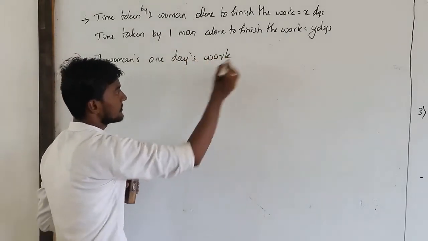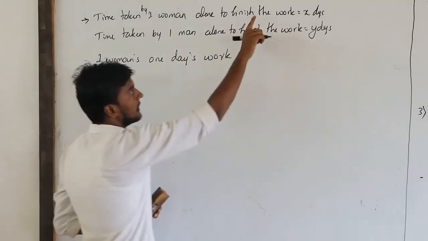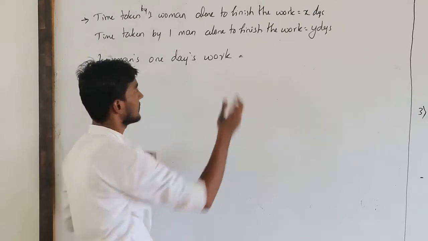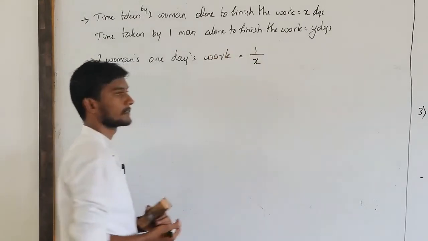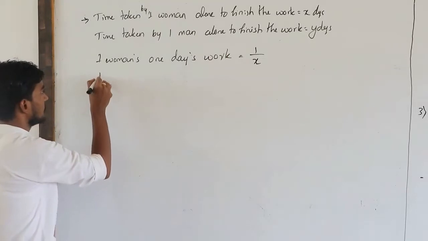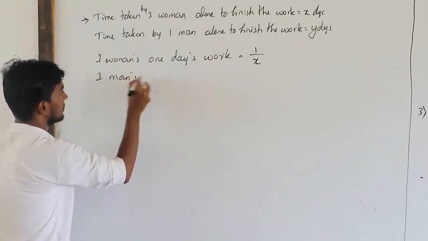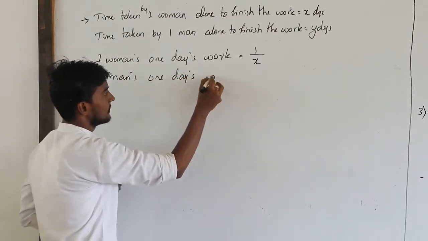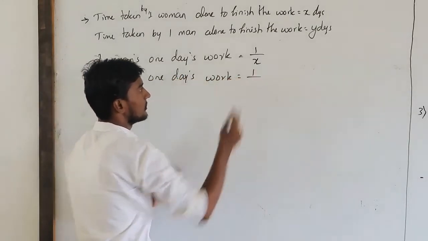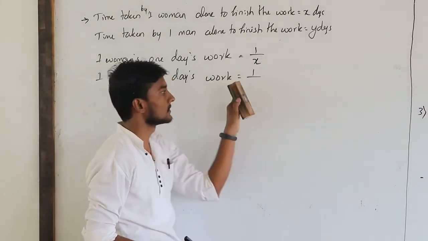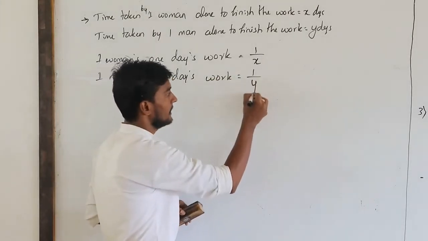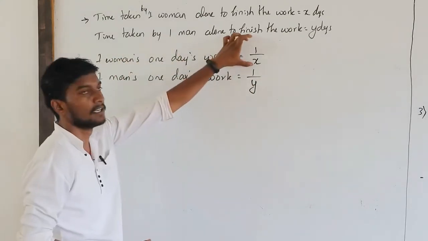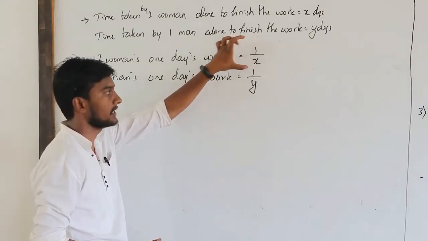One woman's 1 day's work is equal to, totally she will take X days, but in 1 day she will complete 1 divided by X. In the same way, one man's 1 day's work is equal to, totally he will take Y days, so in 1 day he will complete 1 divided by Y. One woman can finish 1 by X of the work in 1 day.